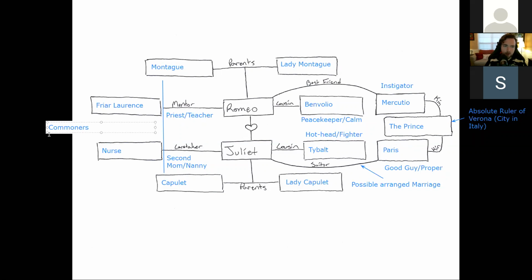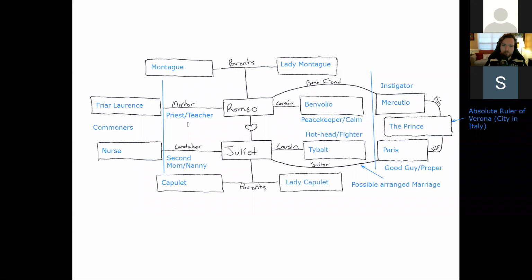They are not well off. They are pretty much just run-of-the-mill regular people, okay? All of these people in the middle here, all the way over to Mercutio and Paris, these people are all nobles. So these are the upper class. They have a lot of money. They have a lot of power.